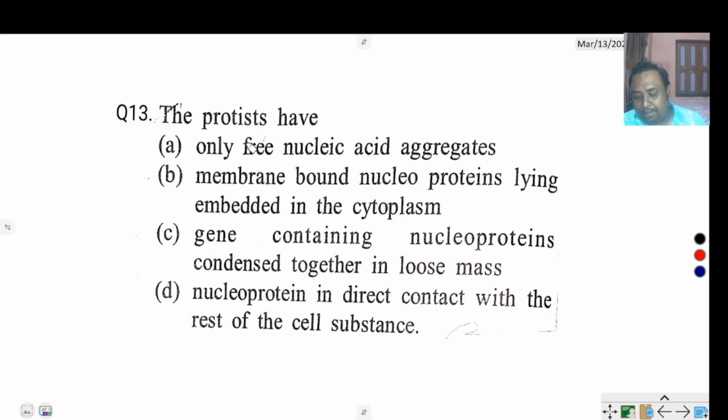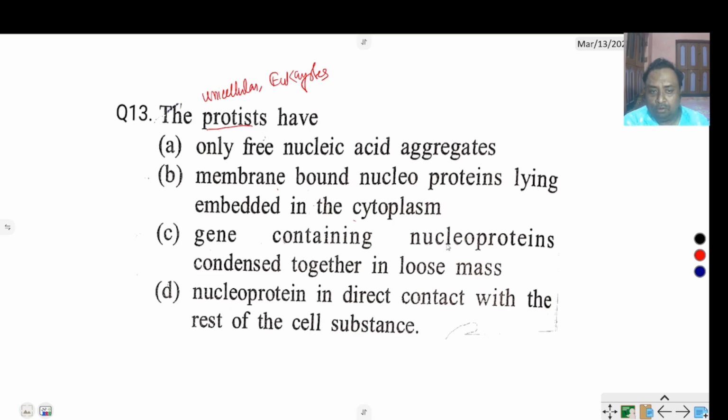The protista is a unicellular eukaryotes. Protista have only free nucleic acid aggregates, membrane-bound nucleoprotein lying embedded in the cytoplasm.